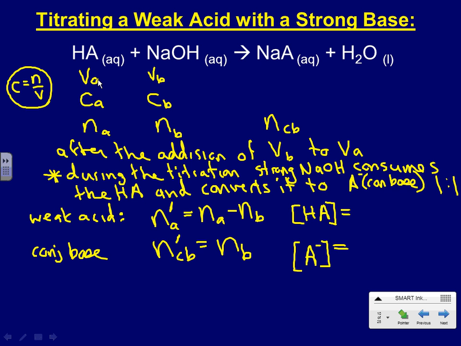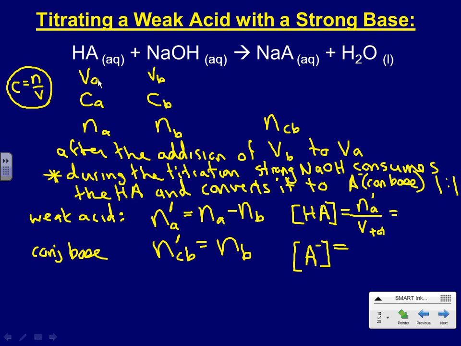The amount of weak acid that's left is actually equal to this Na prime, however much is left, over the V total, how much volume was used.